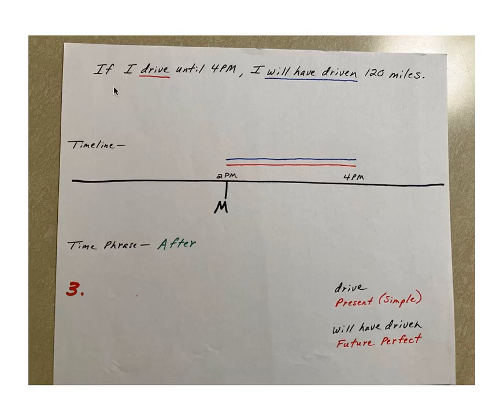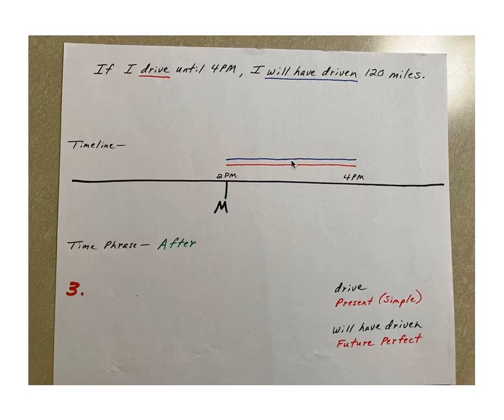So you see here, if I drive, that's the red line. If I drive, that means you drive after the moment of speech. Until 4 p.m., I will have driven 120 miles. And there's the blue: will have driven. So if I drive until 4 p.m., I will have driven 120 miles.